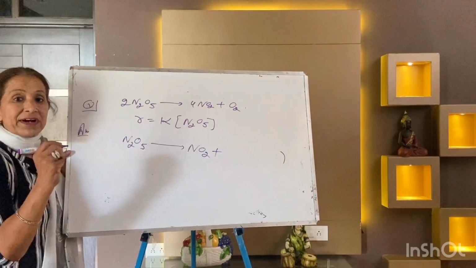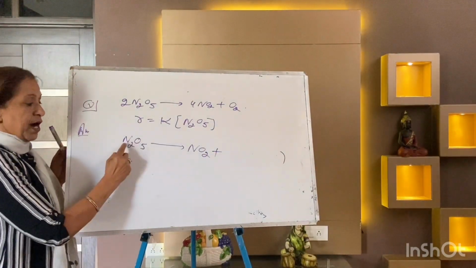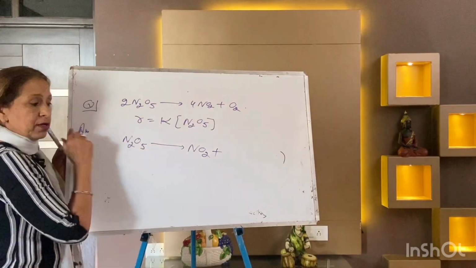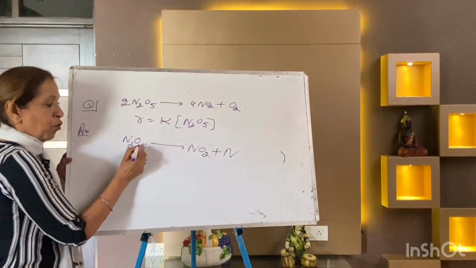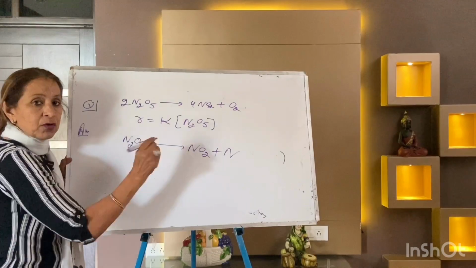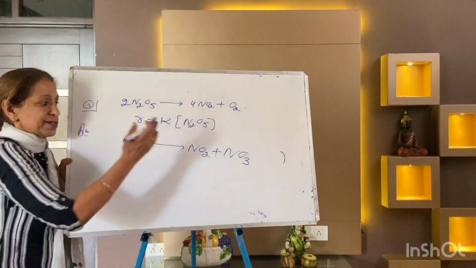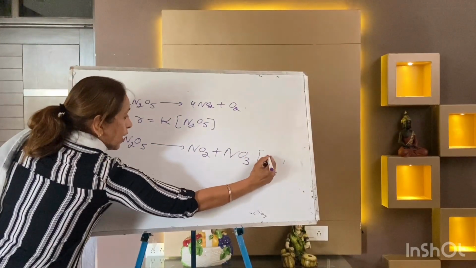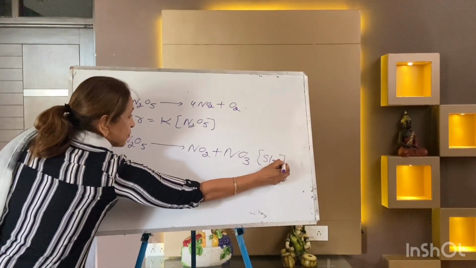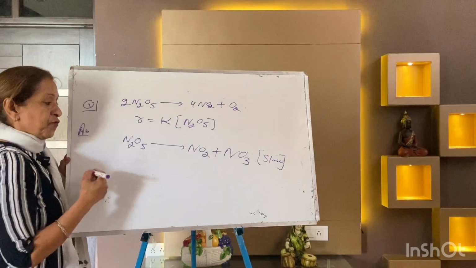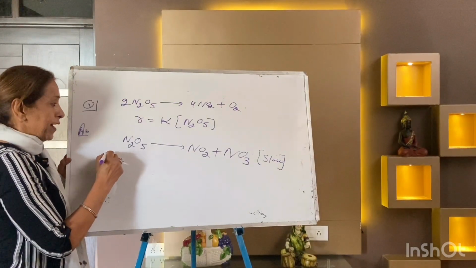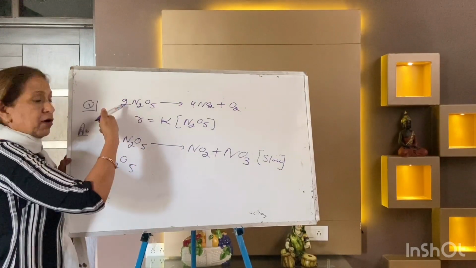The rest depends on what is left. Now what is left? Out of N2, 1 N gone, 1 N left. O5, 2 O gone, 3 left. A new thing is generated, NO3. So this step is slow. Alright, it's a slow step. Now the fast step. One more N2O5. You can see overall.